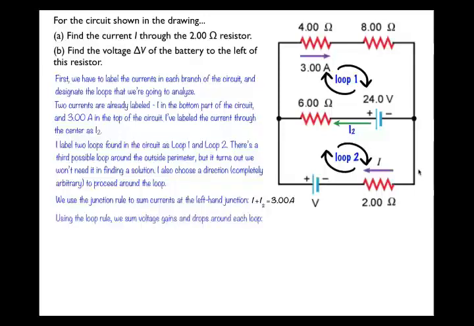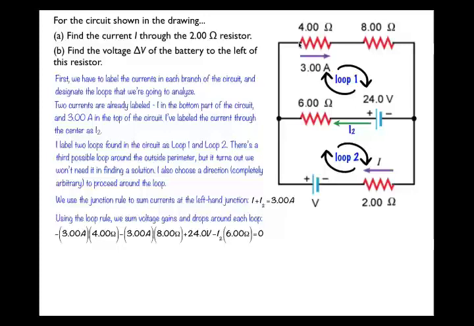So now I'm going to use the loop rule to sum voltage gains and drops around each loop. When you do this, you have to pick an arbitrary place to start. So I'm going to start right here at this junction and make my way around the top loop. The first thing that I encounter is the 4 ohm resistor, and I want to write an expression for the potential difference across it.